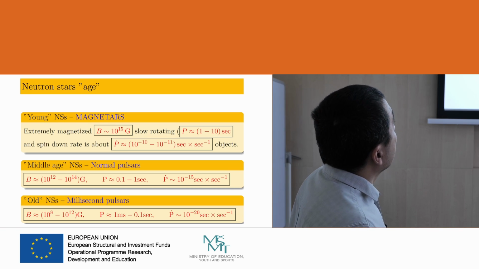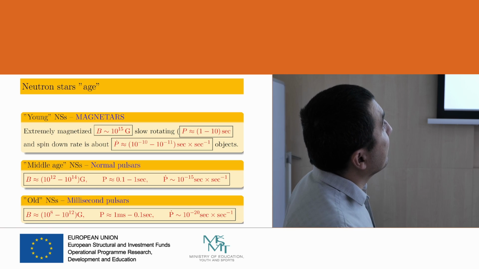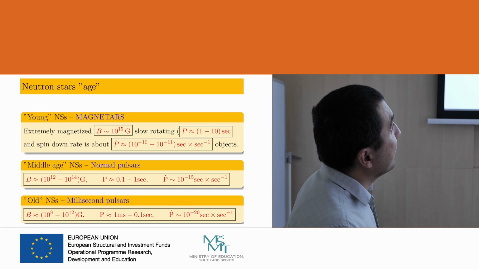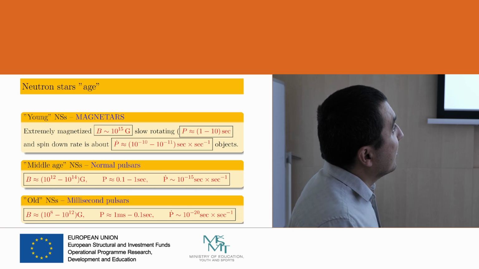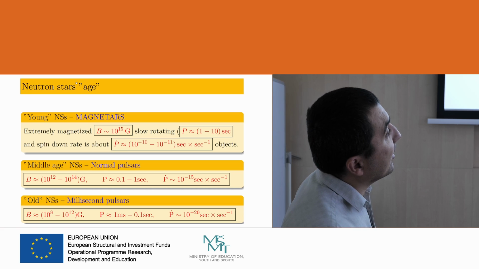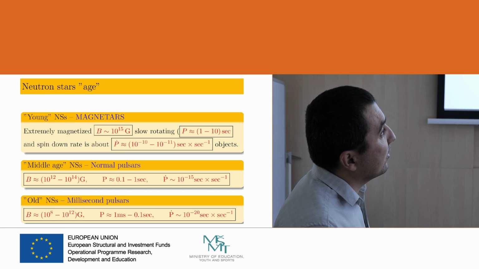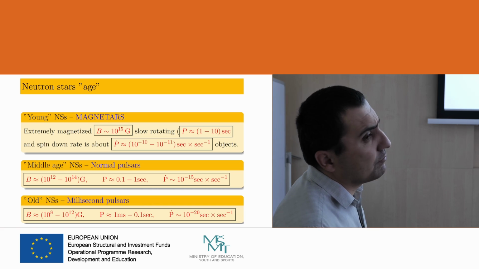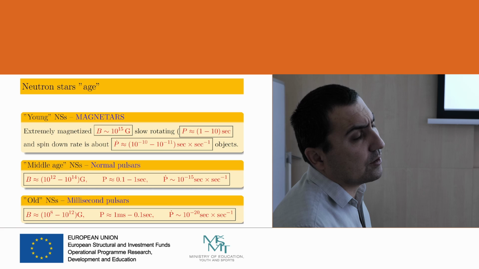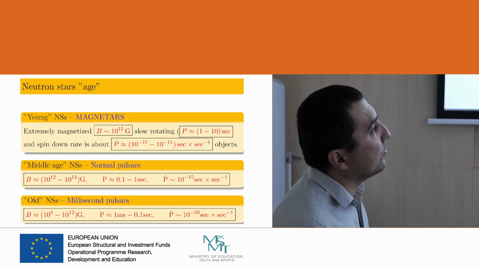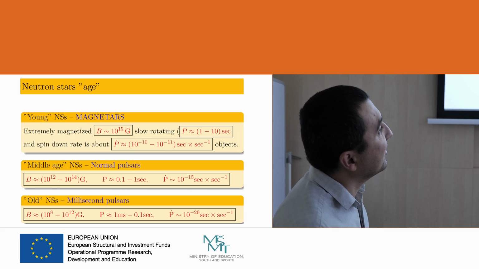These objects have a magnetic field of about 10^15 Gauss, and they are slowly rotating, with periods from 1 to 10 seconds, and the spin down rate is very high.